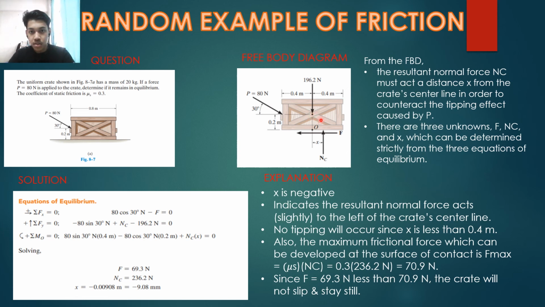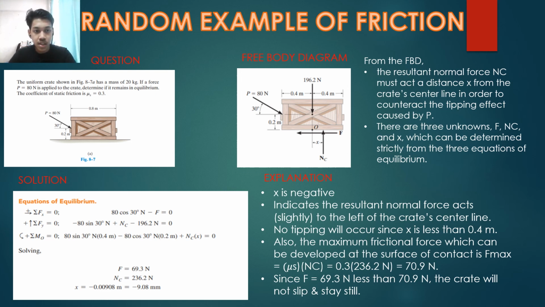So the x component is positive, and it is minus the friction, which is to the left, equal to 0.